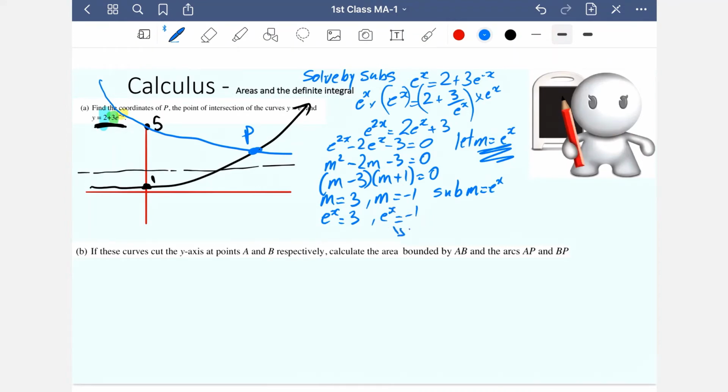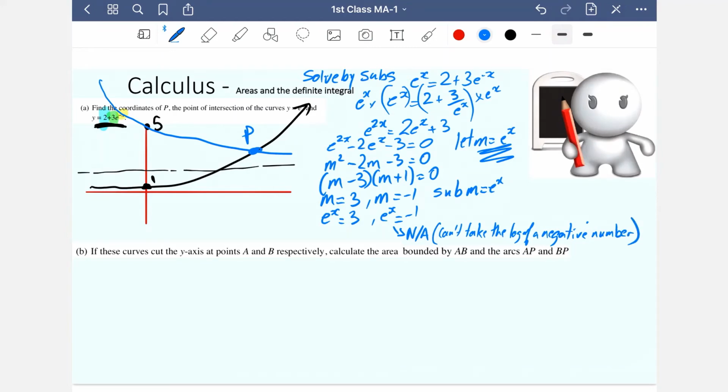Now guys, over here you need to say not applicable. You need to follow it with a statement. So you could say, well, e to the power of x exists above the x-axis, or you can't take the log of a negative. I think both are very nicely stated answers.